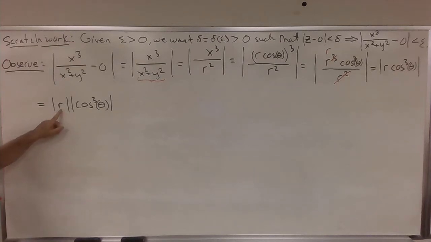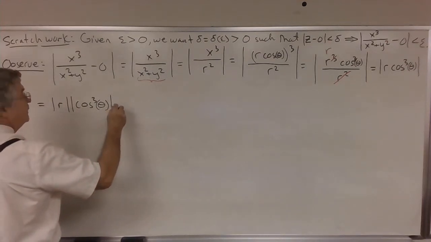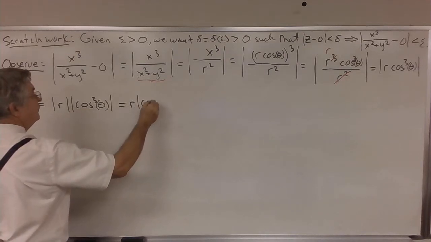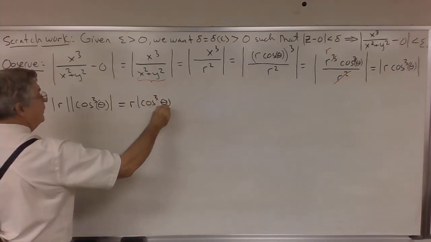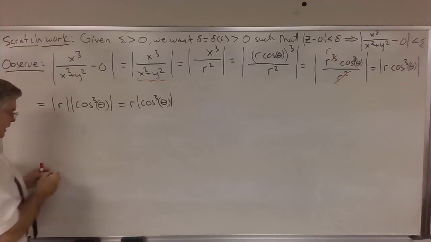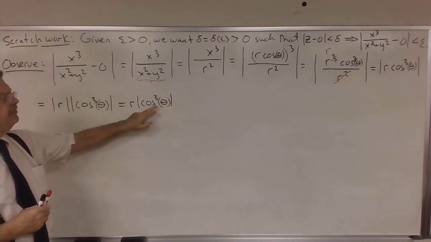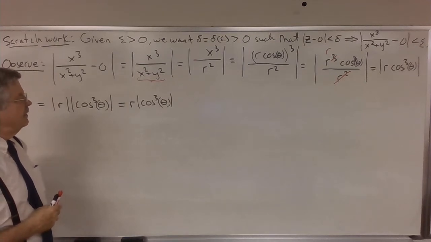And by definition, r is a positive real number, so we don't need a modulus around it. We'll just write r modulus of cosine cubed theta. And cosine cubed theta is a real number, so this is an absolute value.